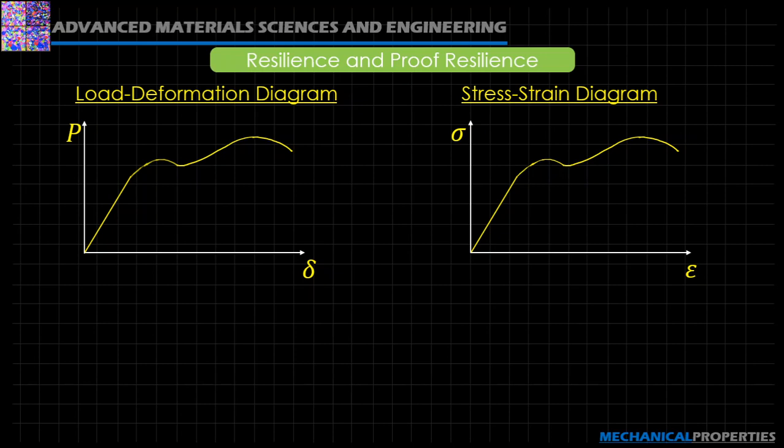The amount of energy within the elastic limit, as we discussed here, is the resilience, and the amount of energy absorbed up to the elastic limit is the proof resilience.